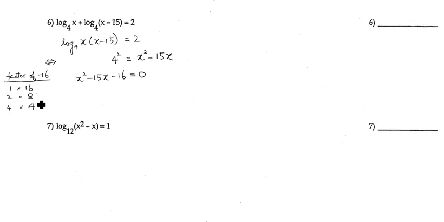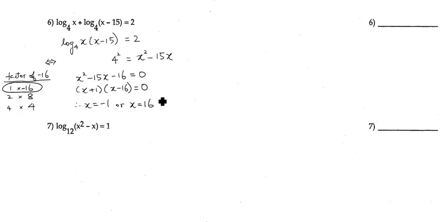One of them is negative, so it must be the difference. Which pair will have the difference of 15 or negative 15? The first pair. I give the negative to 1 or 16? 16. So now I got x plus 1 times x minus 16 equals 0. So we will get x is equal to negative 1 or x is equal to 16.